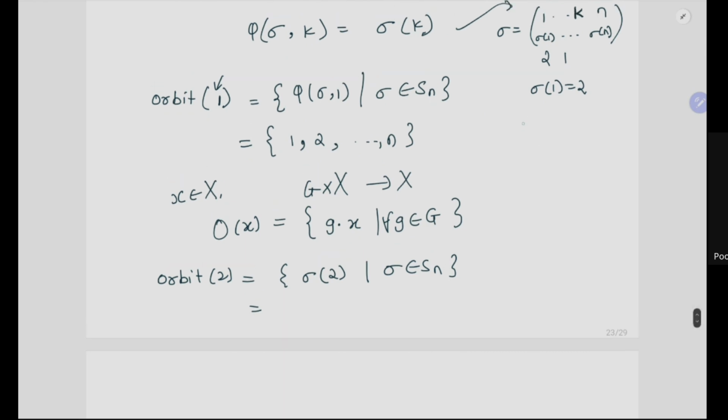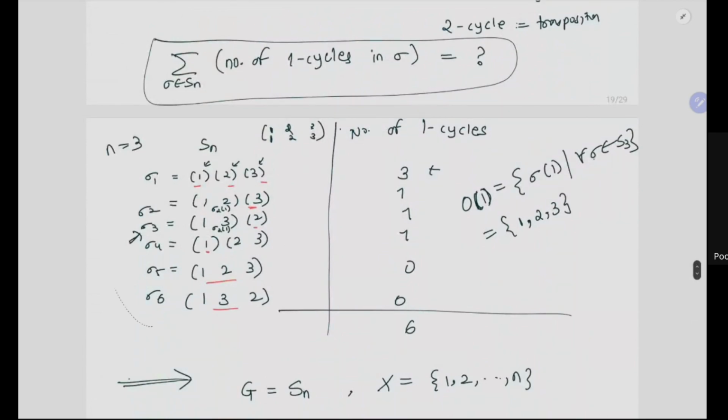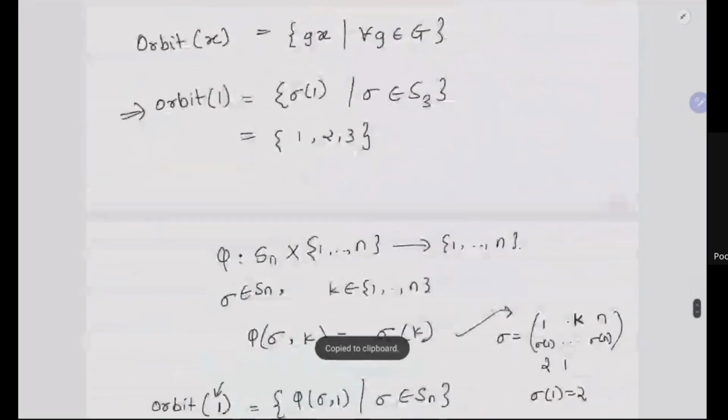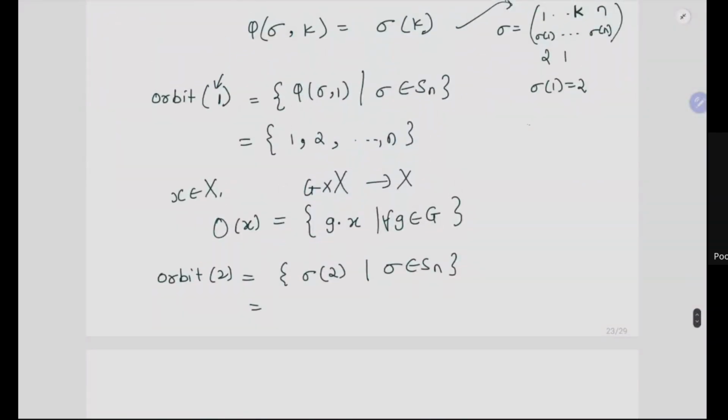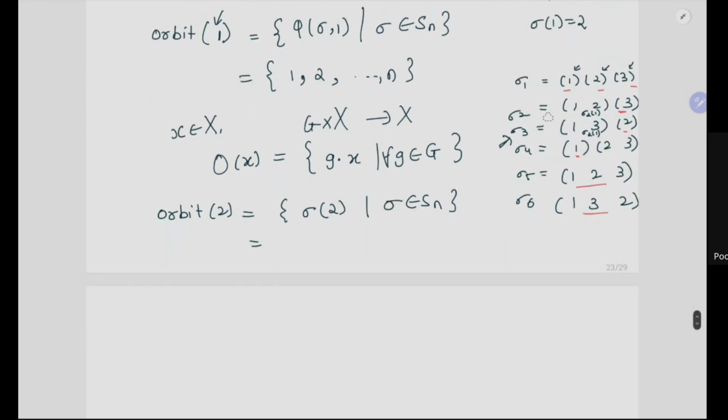Let me write it here. In sigma 1, where is 2 going? 2.